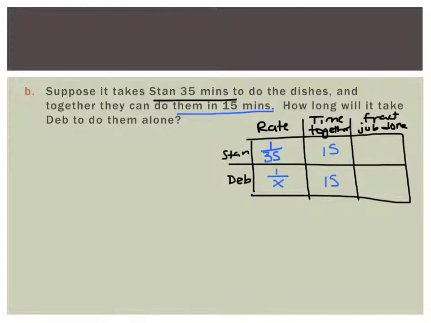The fractional part of the job done is the rate times the amount of time they spend. So Stan works at 1 out of 35 for 15 minutes, which is 1 over 35 times 15 over 1, is 15 over 35. And I can simplify that. They're divisible by 5, so 3/7. So Stan has 3/7 of the job done.